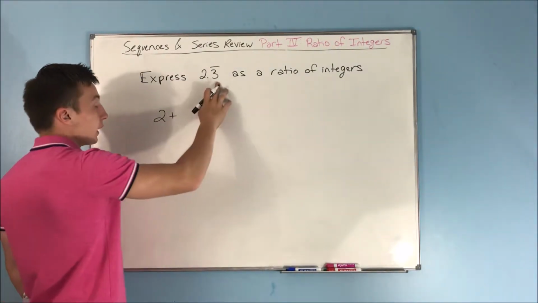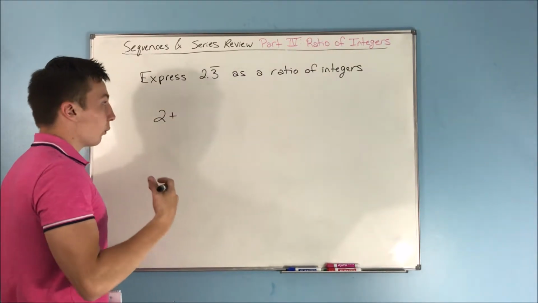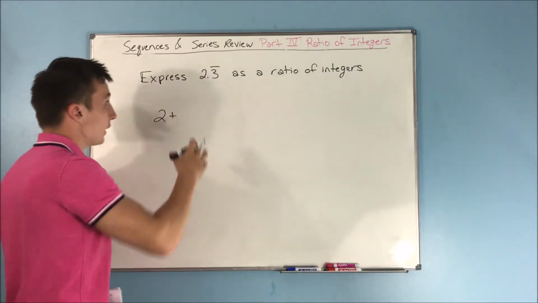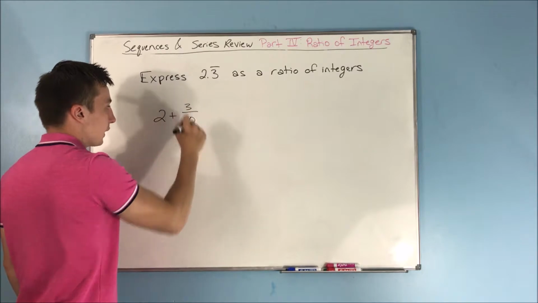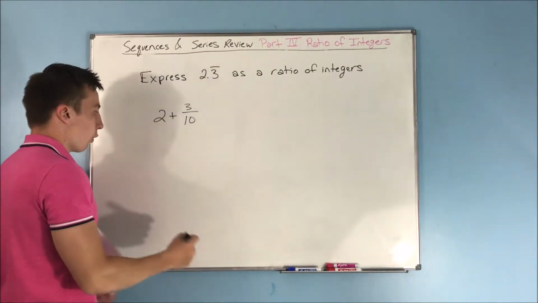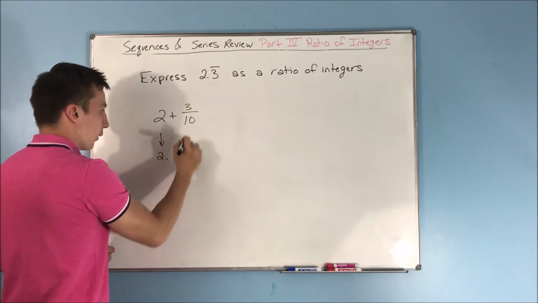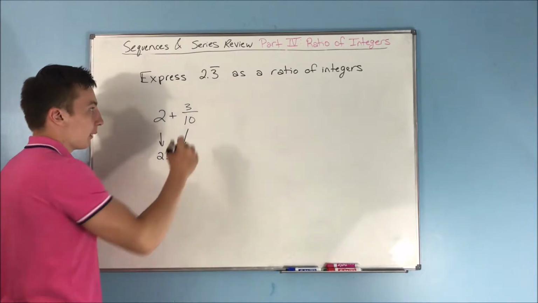So we're going to look at the tens place now. That's going to be a 3. And what's another way we can write that? Let's write it as a fraction. Well, 3/10 is another way to say that. So what do we have now? We have 2.3. Let's keep going.